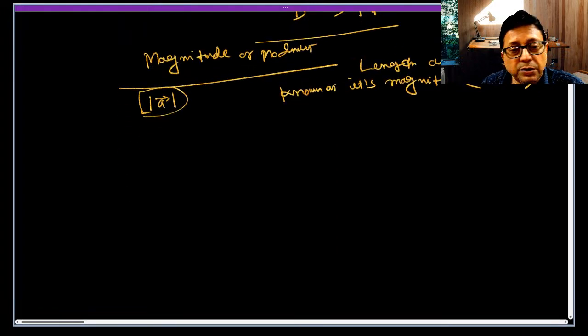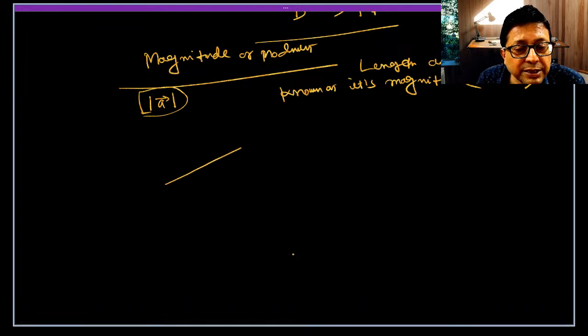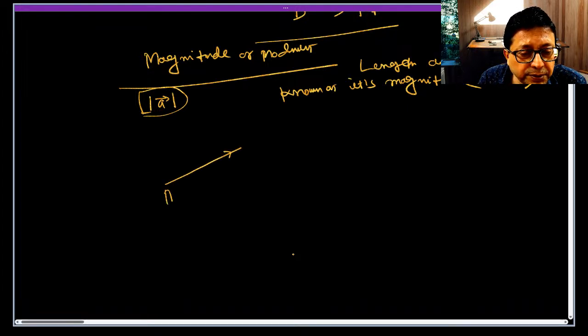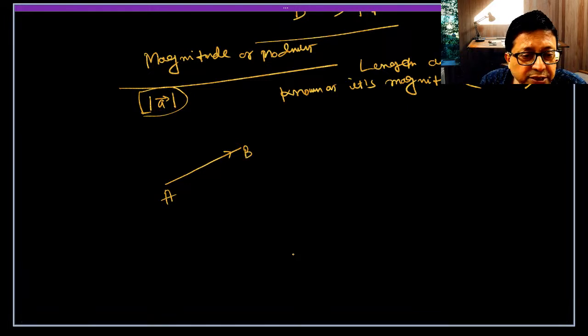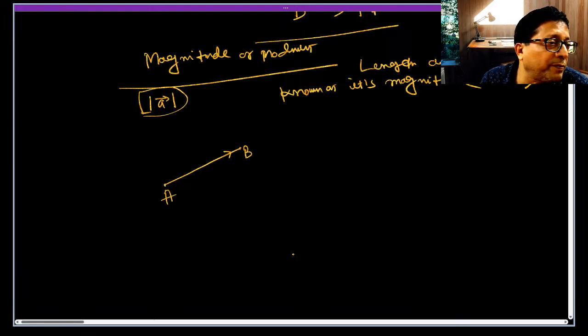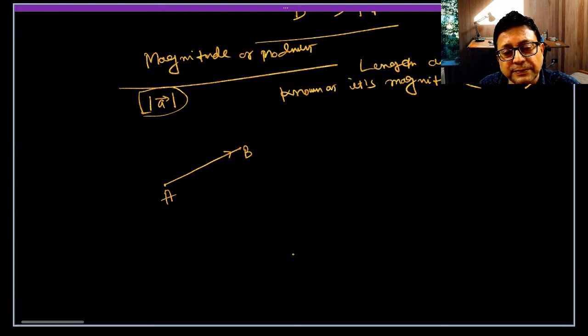Now the vector has a fixed direction. In our diagram, the vector is directed from the point A to the point B. But a vector can be directed in the opposite manner also.